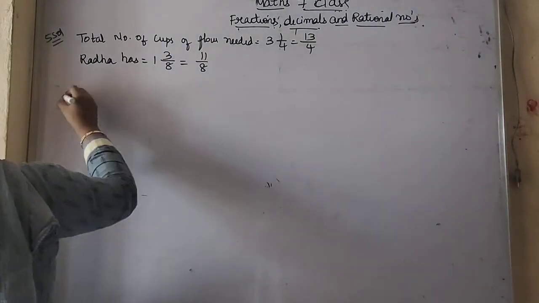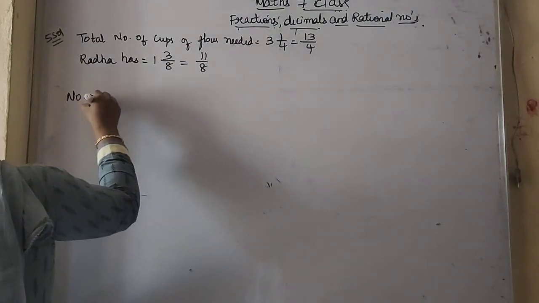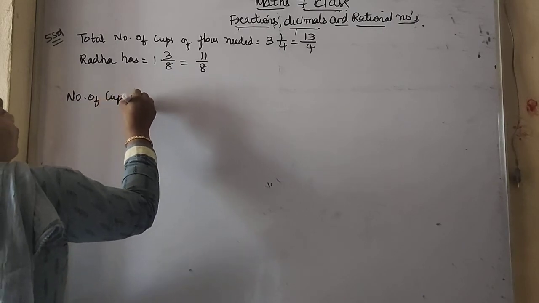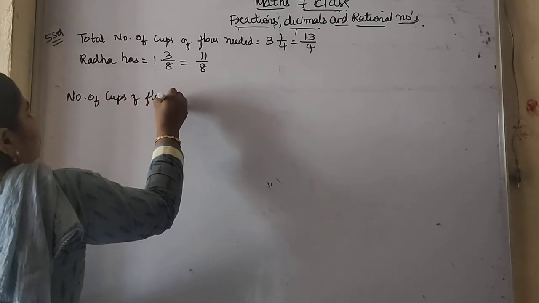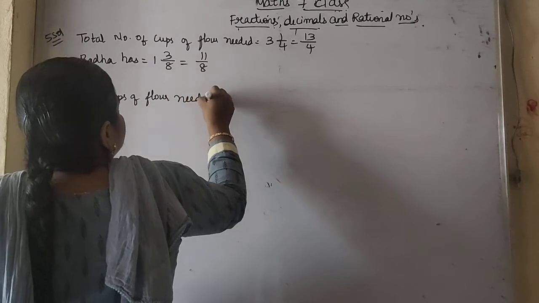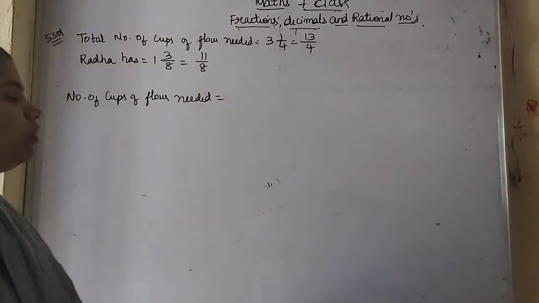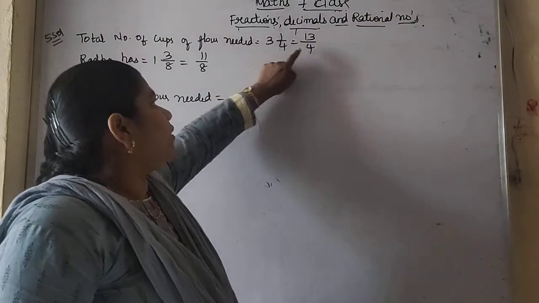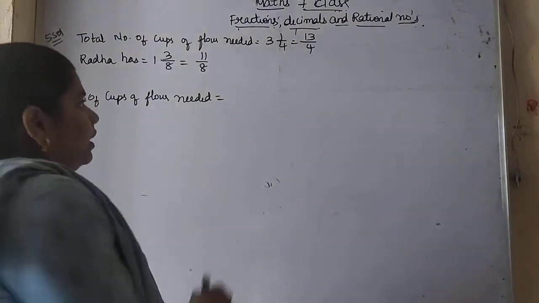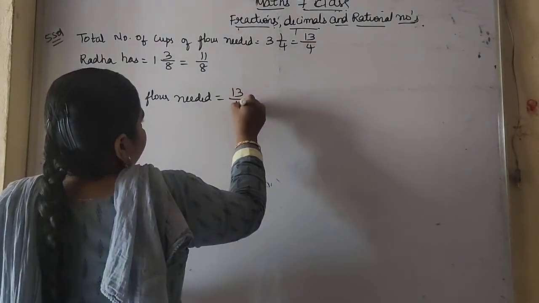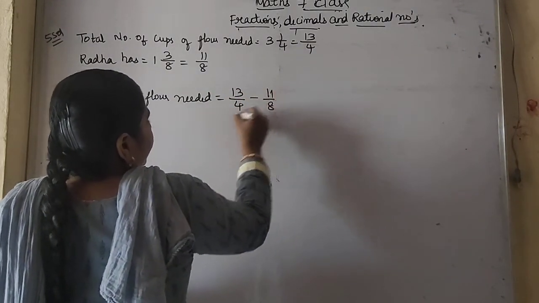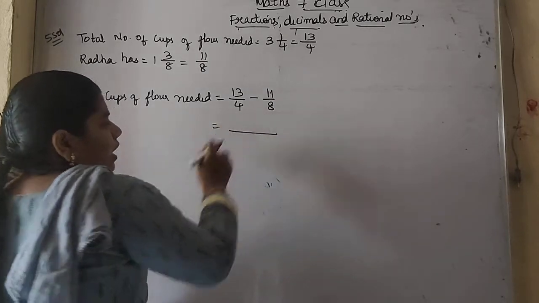So number of cups of flour needed is equal to how much? So what will you do? We have to subtract this 13/4 and 11/8. So that will be 13/4 minus 11/8. Both the denominators are unequal.